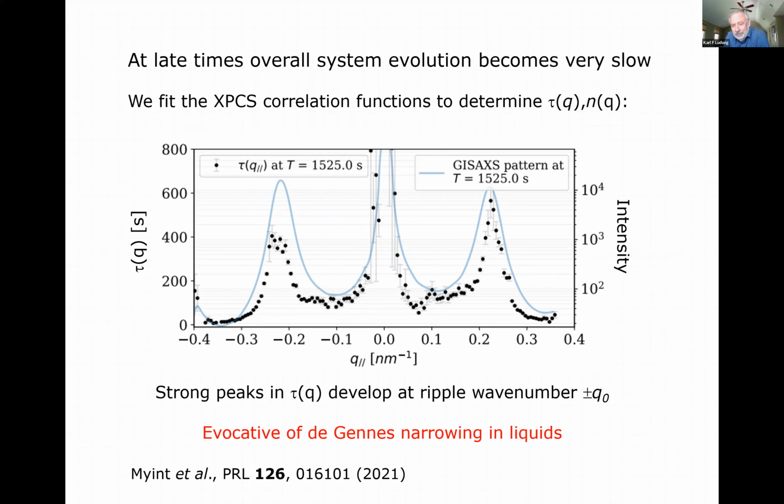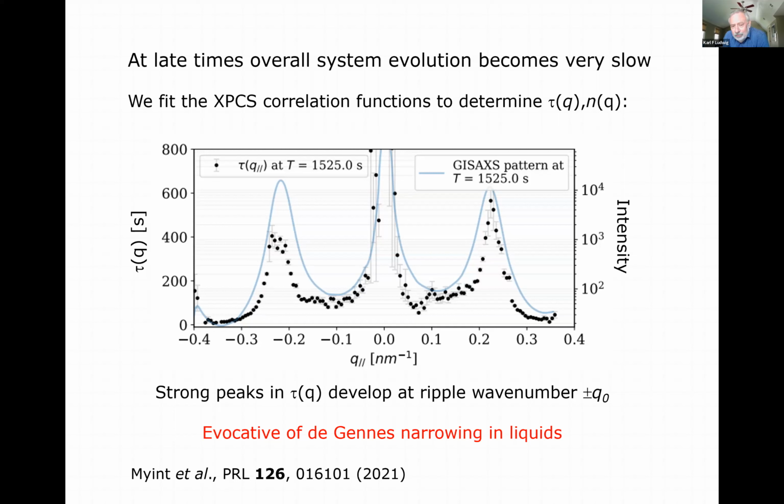So peaks in correlation times at the length scales at which you have the ripples forming. You also see that there's some asymmetry here. And that's very believable because this pattern was created by off-axis bombardment of a piece of silicon to form ripples. Having the ion beam come in off-axis breaks the left-right symmetry of the process.